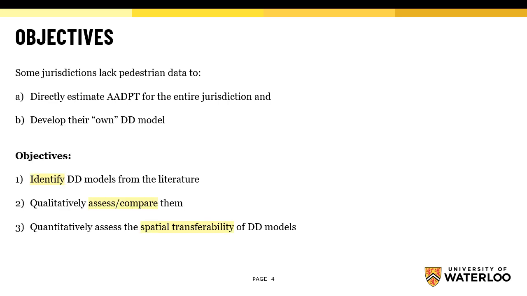So here are the specific objectives. The first one is to identify direct demand models from the literature. The second one is to qualitatively assess or compare them. And the third one is to quantitatively assess the spatial transferability of the direct demand models.